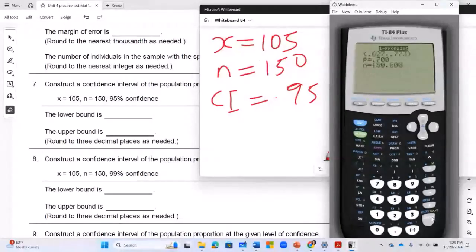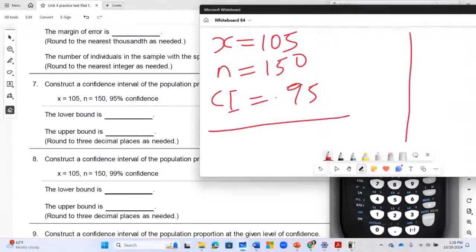So the lower bound is 0.627. Think of a number line: the lower bound of this confidence interval, the upper bound here, and the middle is the sample proportion, P hat.